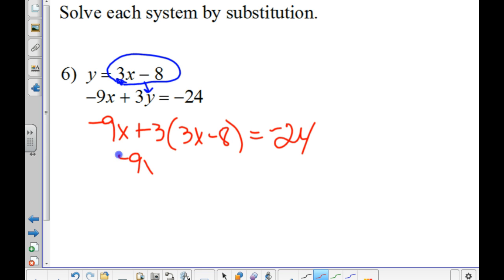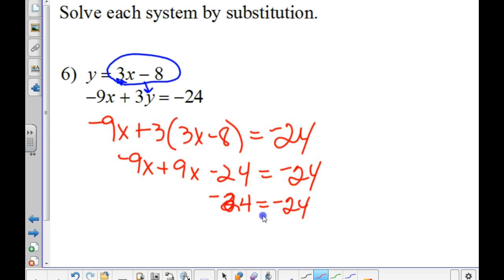I get -9x plus 9x minus 24 equals -24. So I either have -24 equals -24, or if I add 24, I get 0 equals 0.